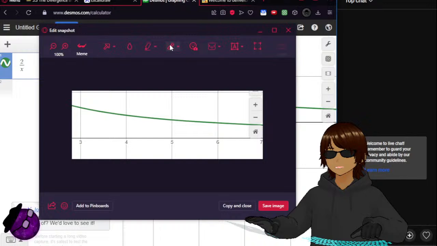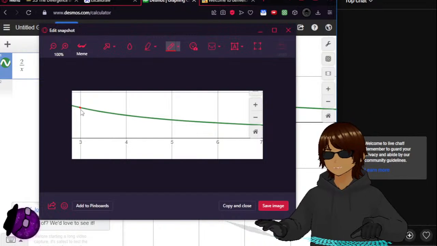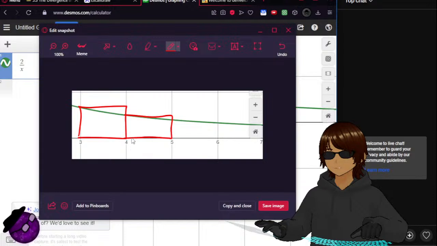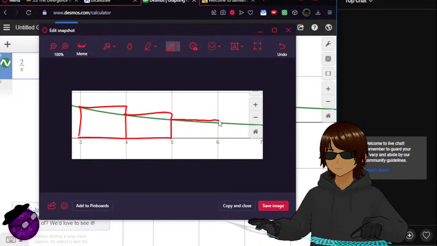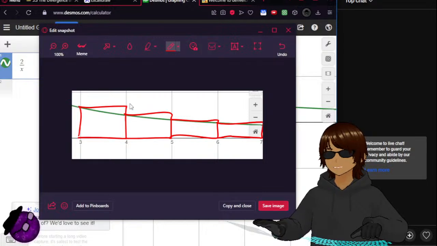We want to calculate the area of this, then the sum of an. This is a3, so a3 times 1 is this area. This area is a3 plus a4 plus a5 plus a6.